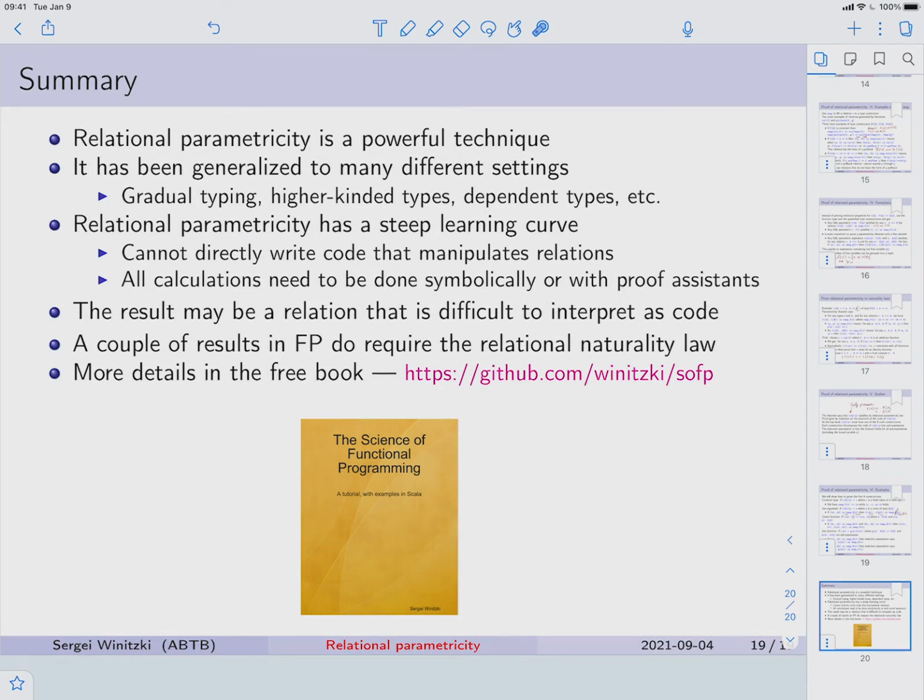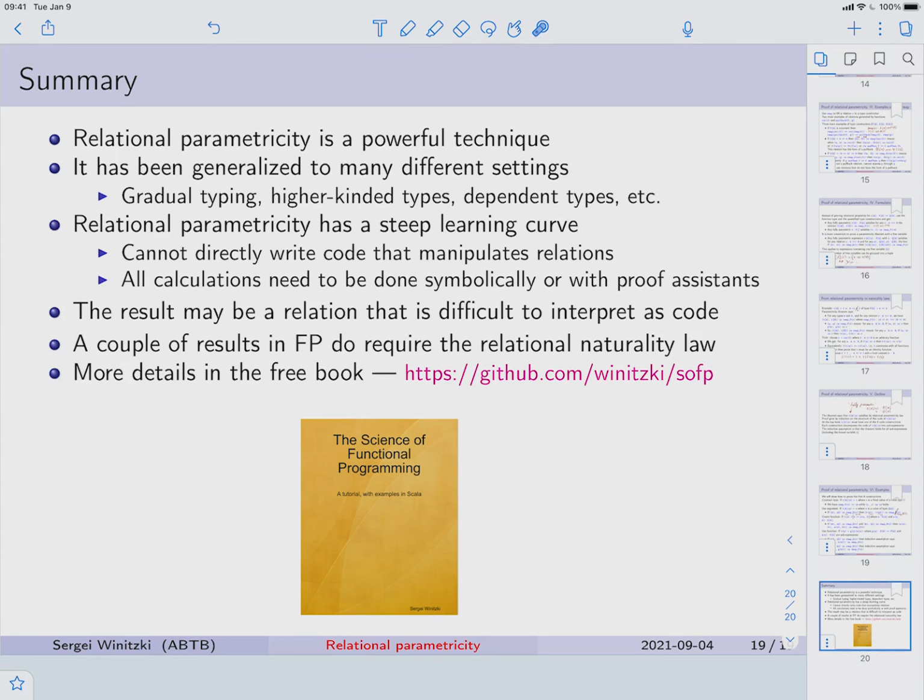Now, I would like to emphasize that this is not an easy theory to learn or to use. You cannot write code that manipulates relations. Relations are manipulated symbolically. You write proofs about them, but you cannot write easily code that computes with them. So either you do it by hand, symbolically, on paper, or with proof assistants, which is an advanced technique, certainly.